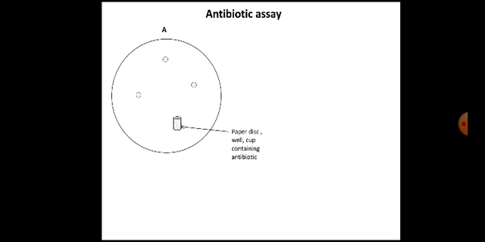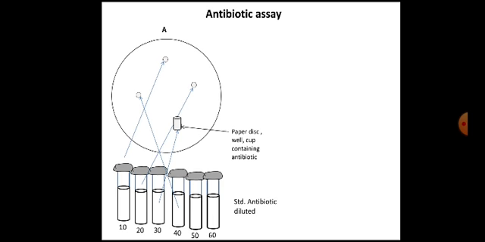Then there may be use of cups or cylinders made of stainless steel, which are embedded in the agar medium. All these materials, paper discs, wells, cups, cylinders, are responsible for holding a known quantity of known concentration of antibiotic solution. So these are the materials and methods for antibiotic assay.